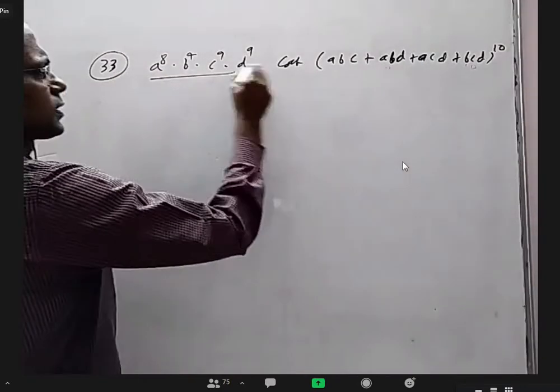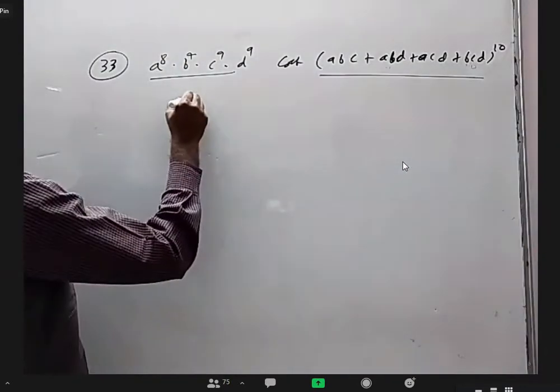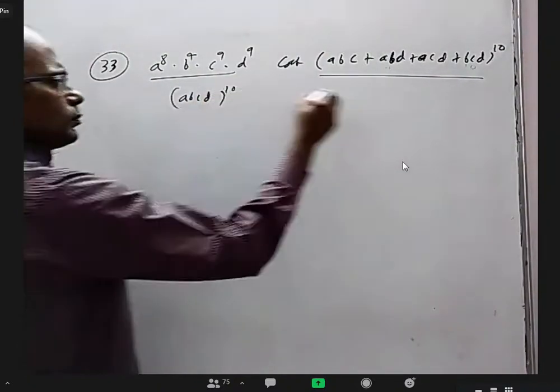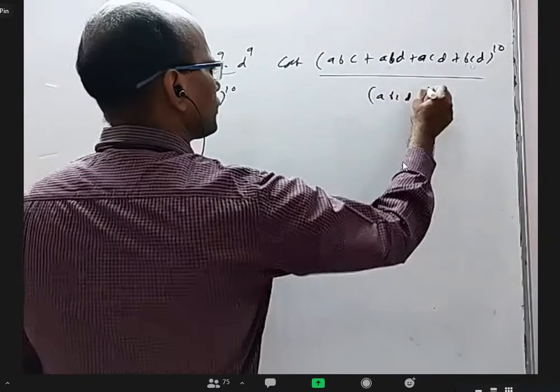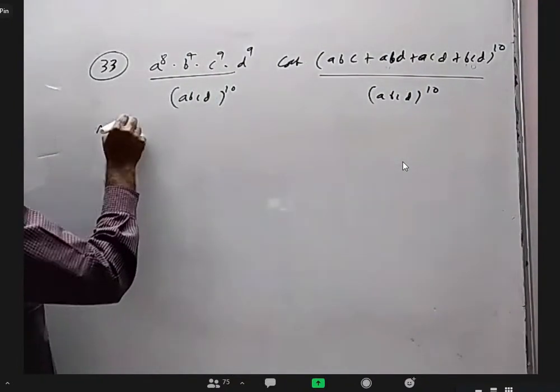I can divide here and here with A, B, C, D whole power 10. Then that is method 1 basically.